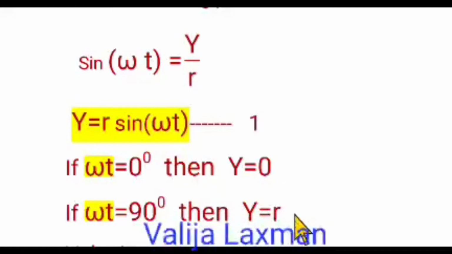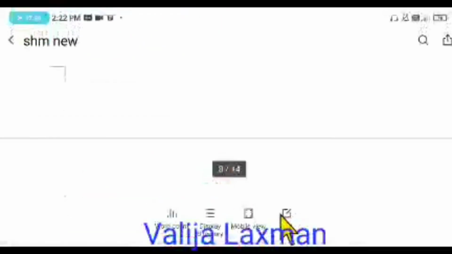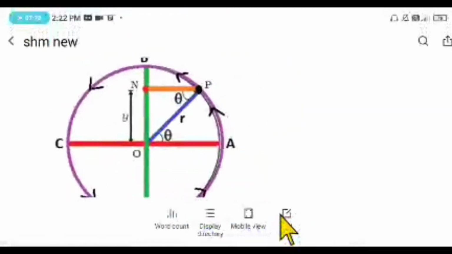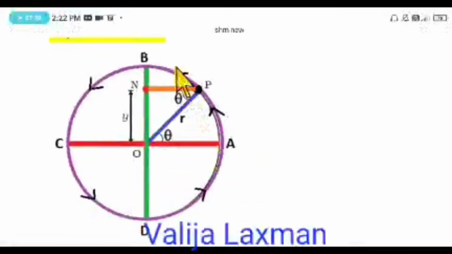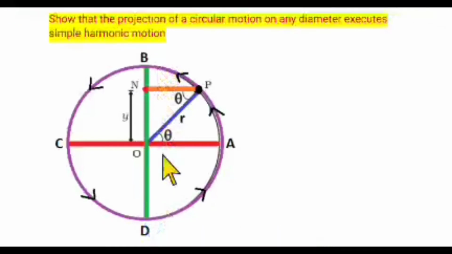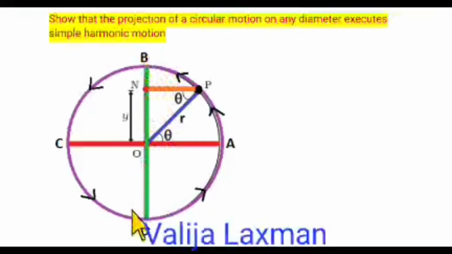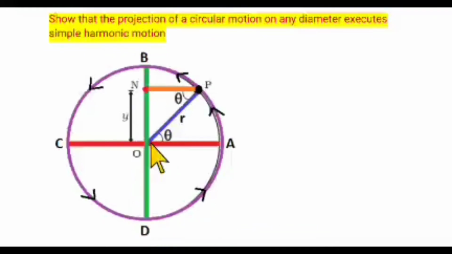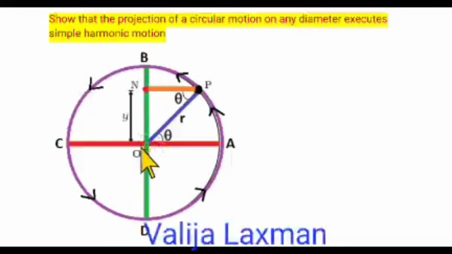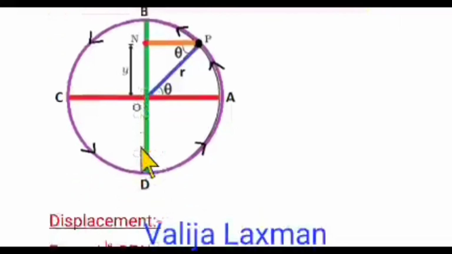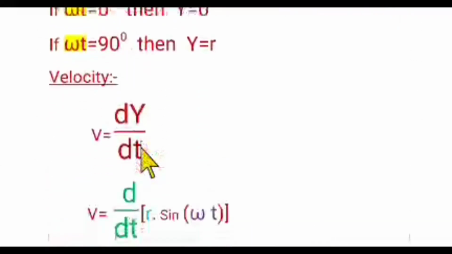That point B and point D in the diagram, they are called as extreme points, and this is called mean position. So at the extreme points the displacement is maximum, at the mean point the displacement is minimum, that is equal to 0.